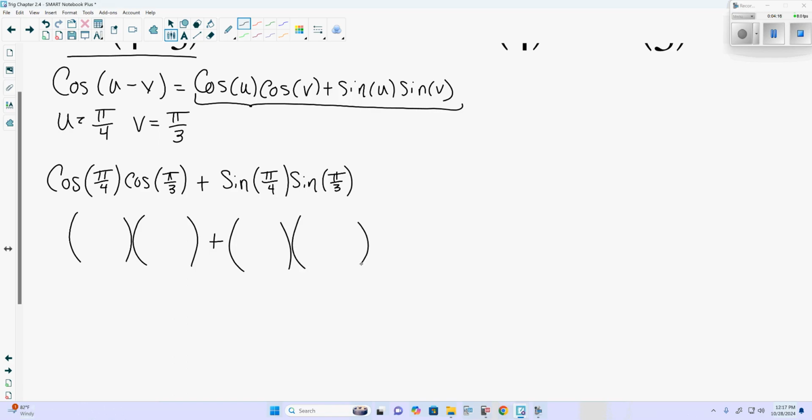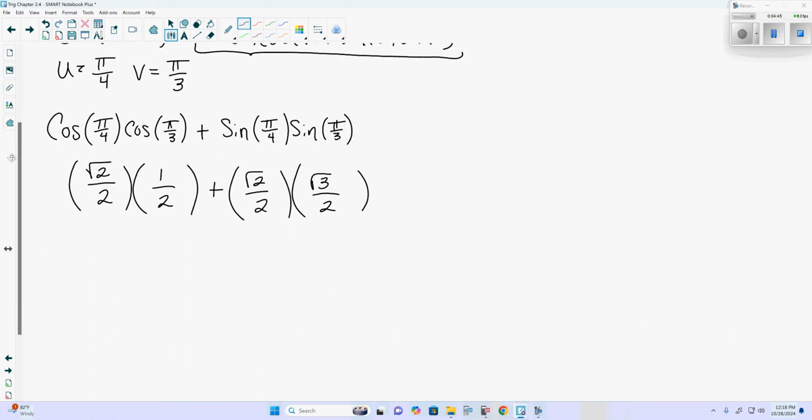Now at this point, we could use the unit circle to find these values because pi over 4 and pi over 3 are on the unit circle, and we're looking at the x value of the ordered pair. Cosine of pi over 4 is square root 2 over 2. Cosine of pi over 3 is 1/2. Sine of pi over 4 is square root 2 over 2. And sine of pi over 3 is square root 3 over 2.